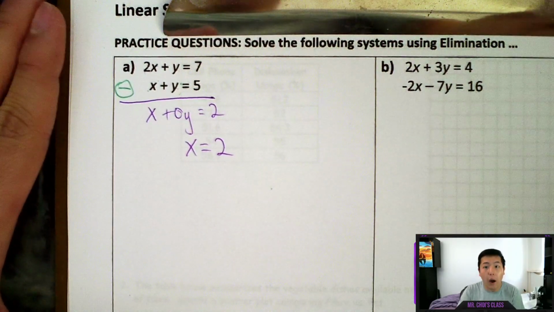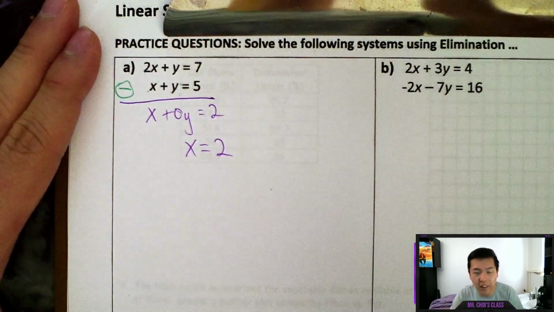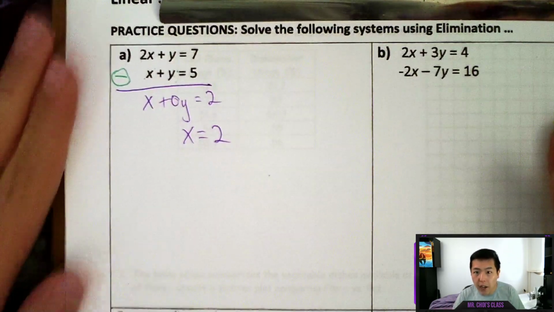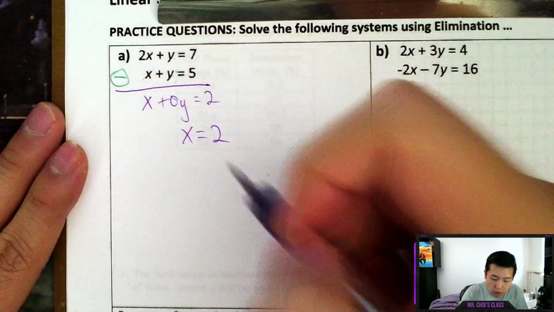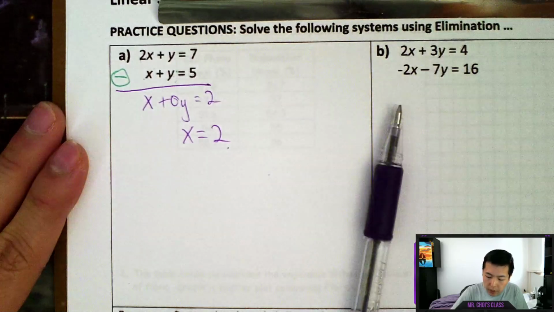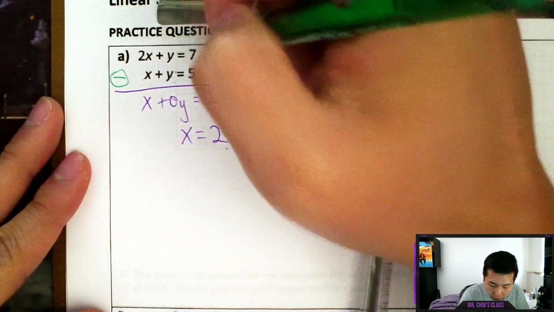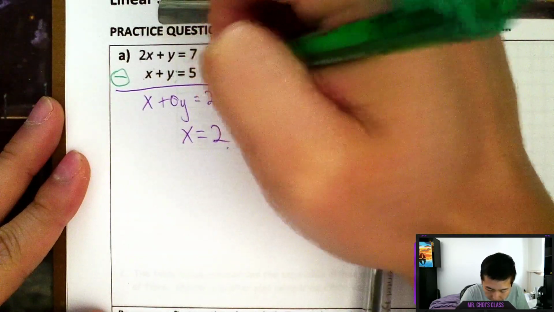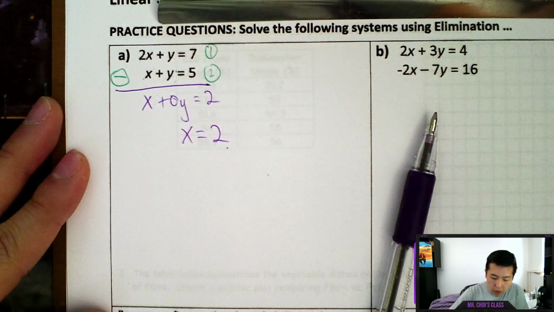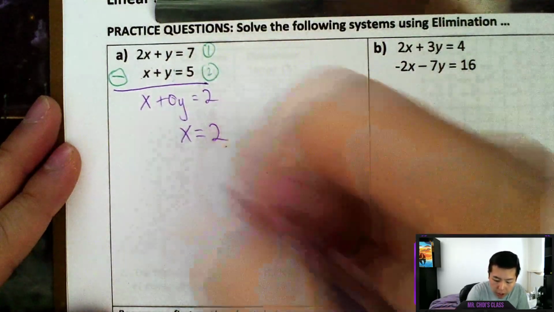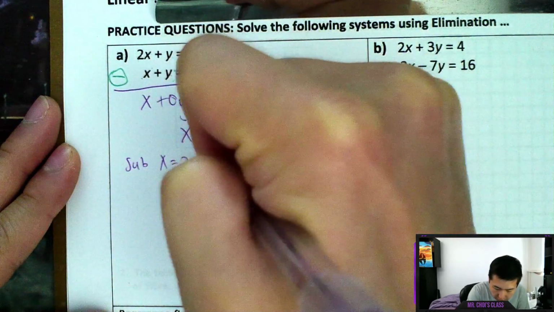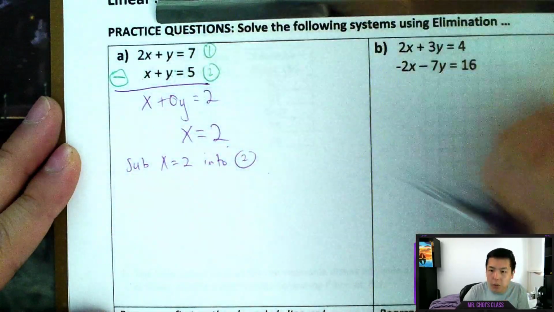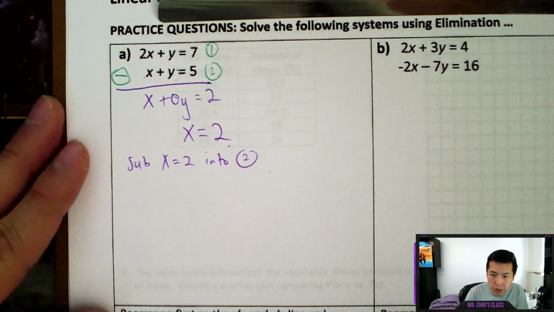Oh, wow. So simple. Amazing. So we have x equals 2, and we can say, oh, wait, I'm going to use that. I'm going to substitute that. Okay? So we have equation 1 and equation 2 up here. I'm going to sub x equals 2 into equation 2 because that's the easier one.